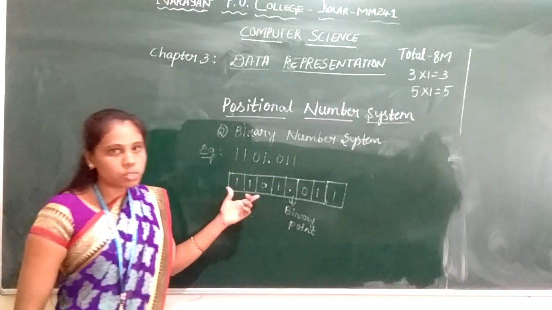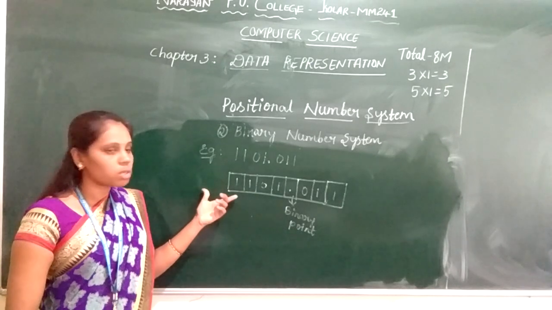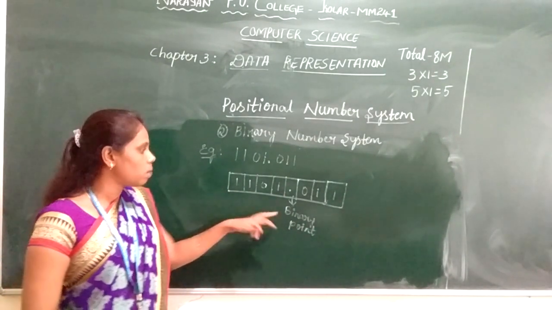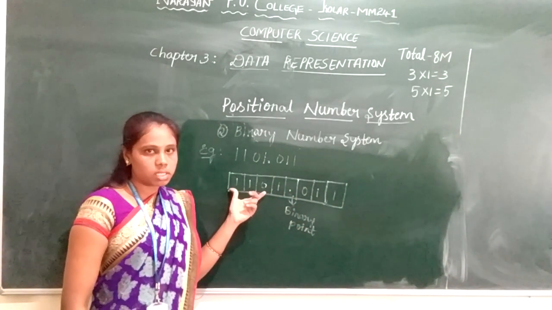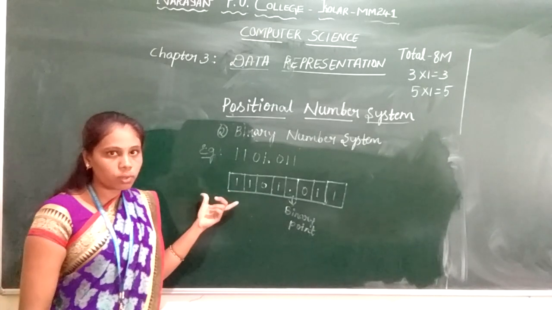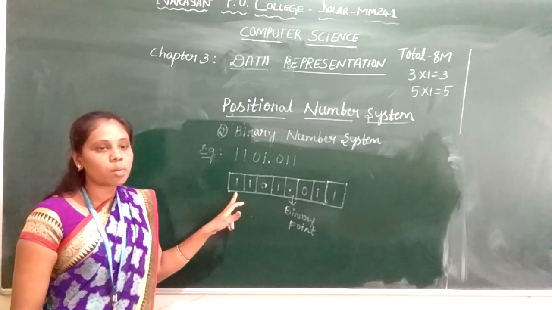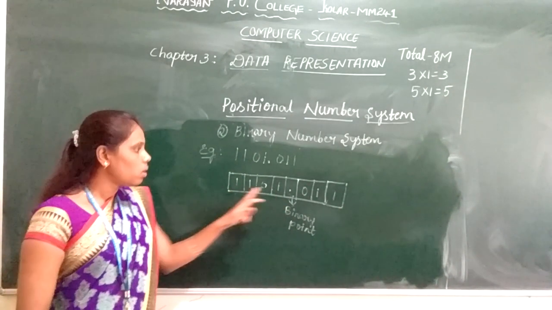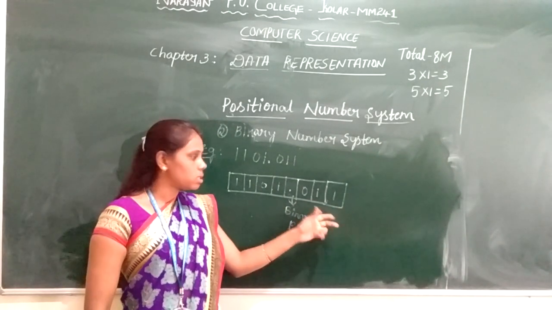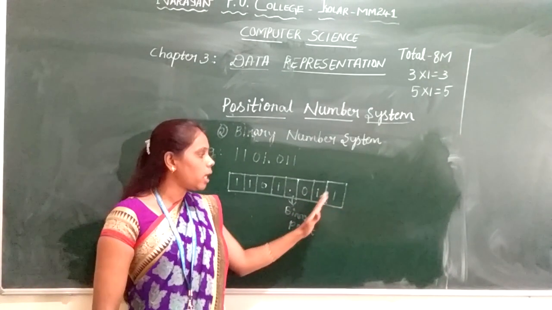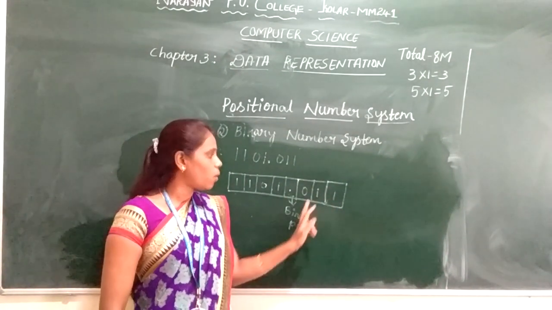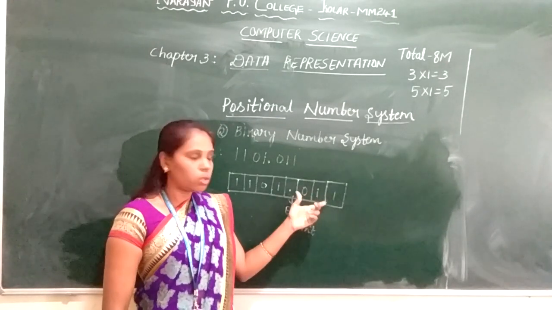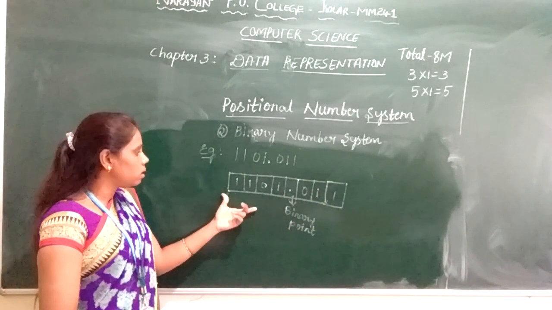So whatever the rules we applied in a decimal number system are also applicable for binary number system. See, the bits which appear towards the left of the binary point have positive powers of 2, and the bits which appear towards the right of this binary point have the negative powers of 2.